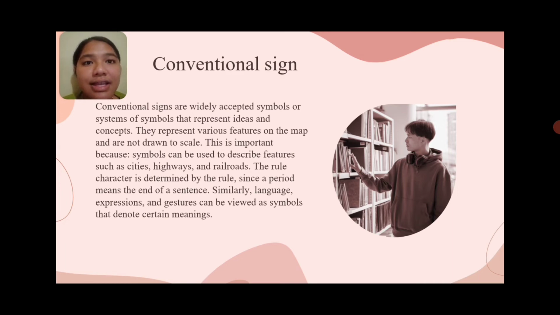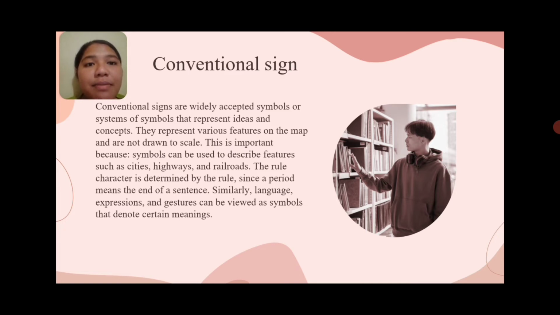Conventional signs are freely expressed symbols or systems of symbols that express ideas and concepts. They represent features, pictures, or maps and are not drawn to scale.